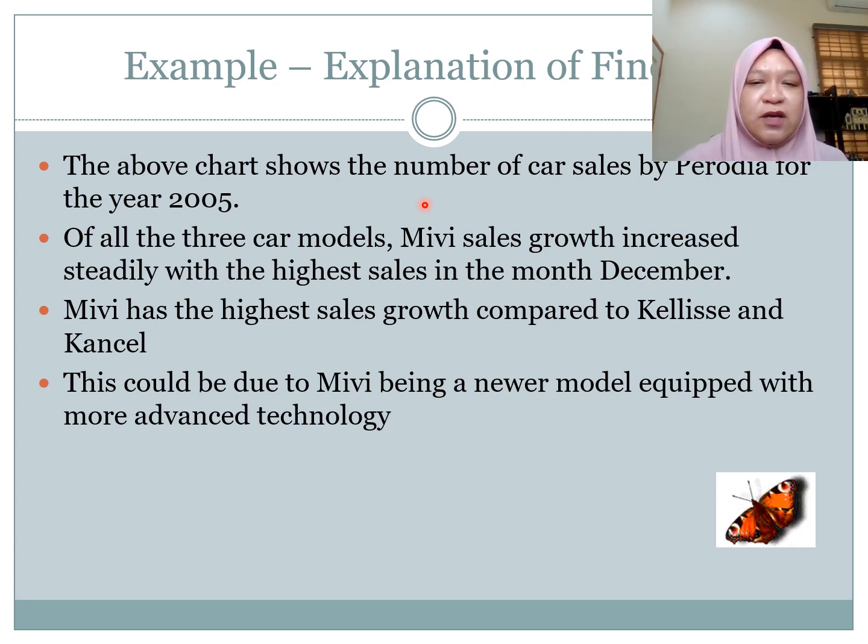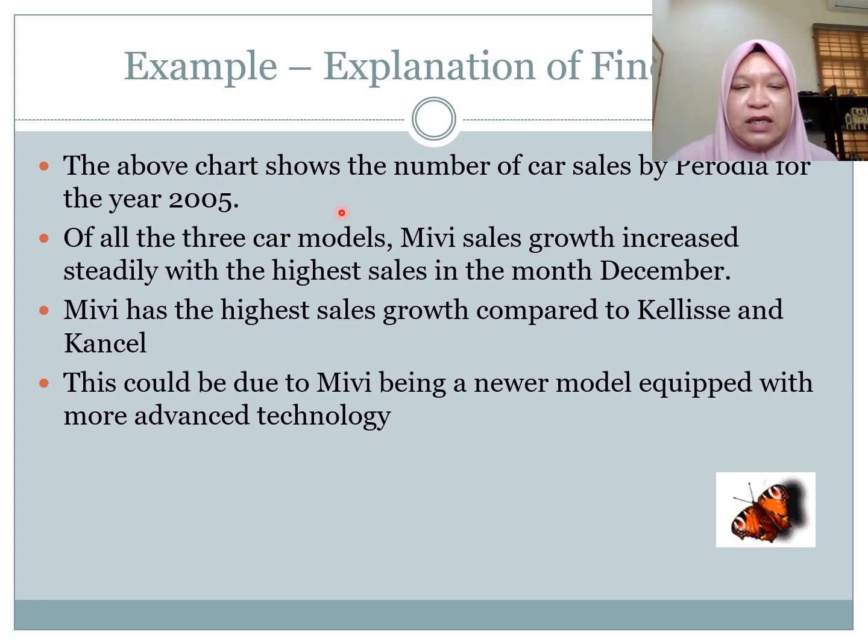Of all the three car models, Myvi sales growth increased steadily with the highest sales in the month of December. So it states here the highest figure. Myvi has the highest sales growth compared to Kelisa and Kancil because Myvi is a newer model equipped with more advanced technology.